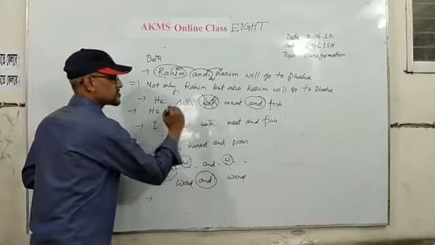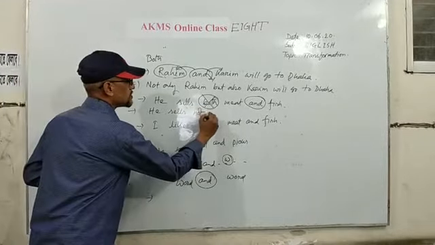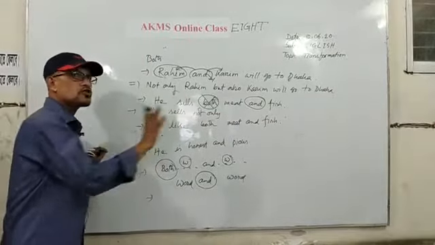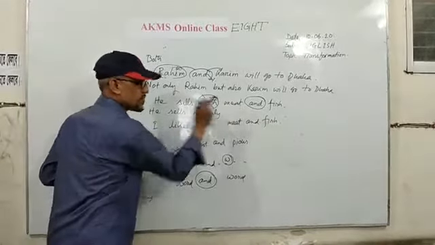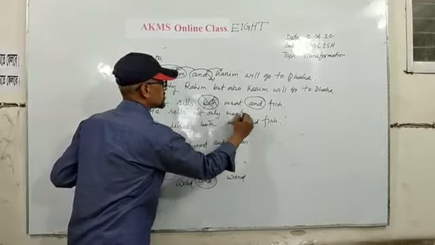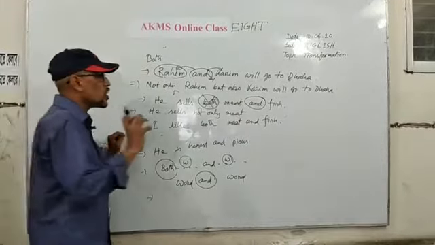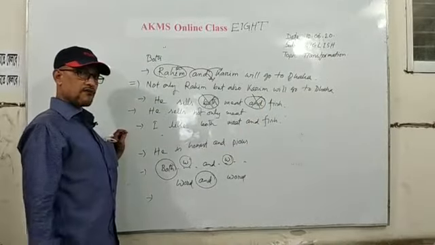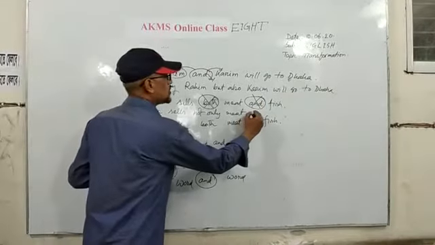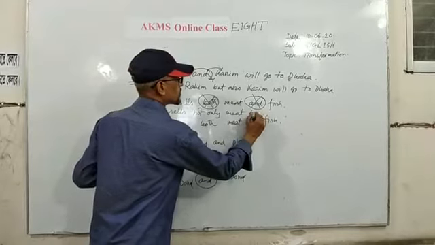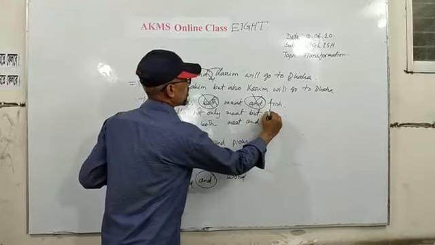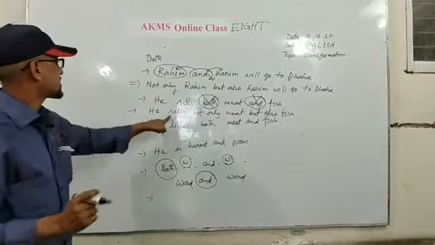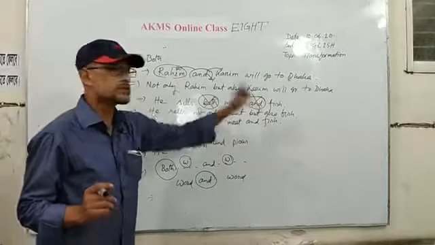I will write not only where both is, and then I write the first word, meat. He sells not only meat, and at the place of and, I will use but also. But also fish. He sells not only meat but also fish.